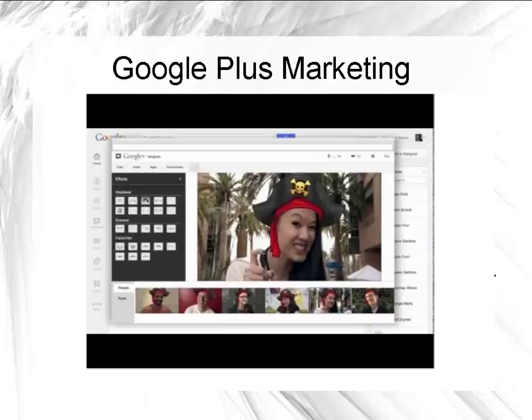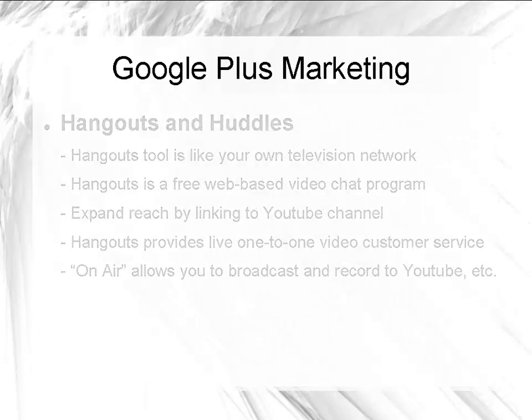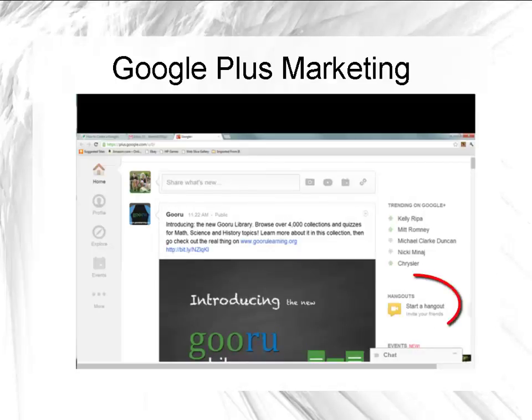On Air also allows you to edit the recordings of your Hangouts to remove slower moments, edit out questions, etc. You can even improve production values by adding an introduction or images after the fact, music, and links to other videos or websites. Other business applications for this feature include product showcases and demonstrations, live customer service, product launches, and educational seminars and industry roundtables.